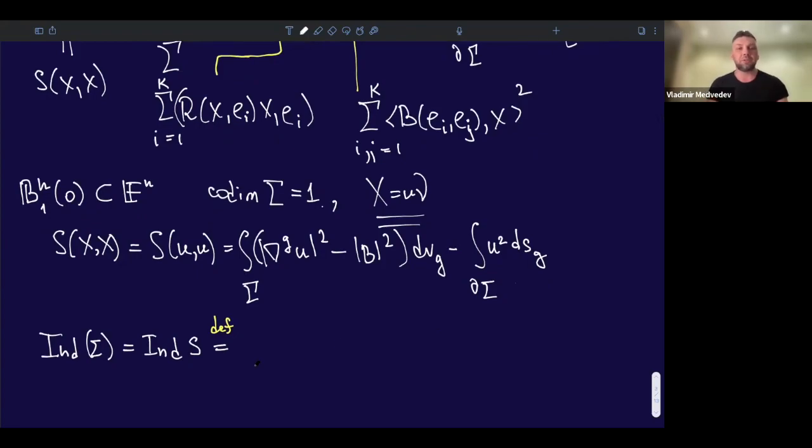In order to work with it, we define the index of sigma, which is the Morse index of this quadratic form.